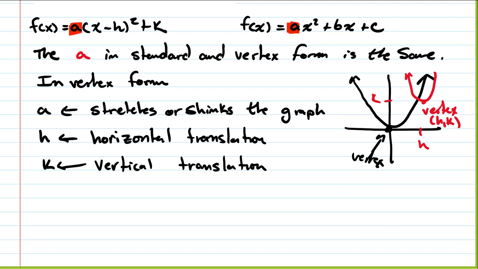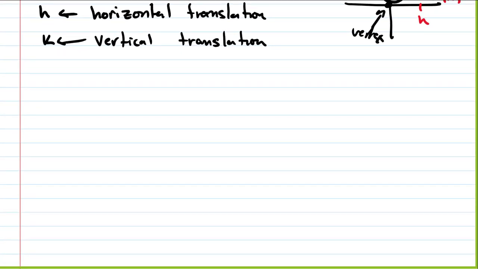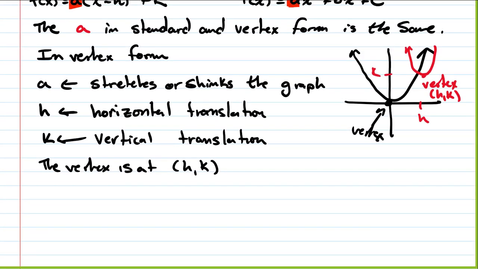There's a few other things that will be helpful. So when we look at our parabola, we're going to have the following that is true. So 1, the vertex, as we just said, is at h, comma, k. Our graph is symmetric around its vertex.